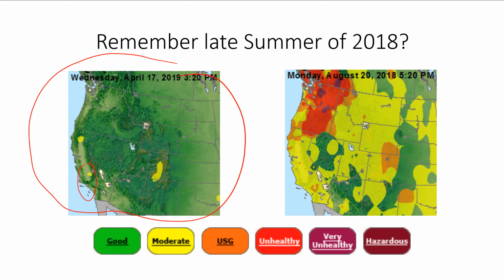If you guys will recall, you were all alive during this time, so it's nice to have some examples of things that you'll actually remember. Just about a year and a half ago, in the late summer of 2018, we had a period here on the West Coast, but especially in places like Walla Walla, where we had either unhealthy or very unhealthy air quality.